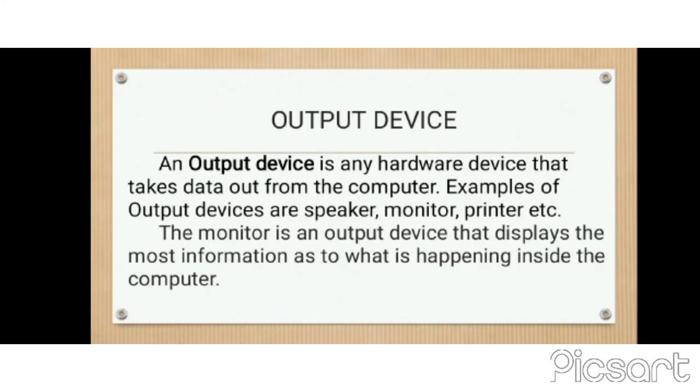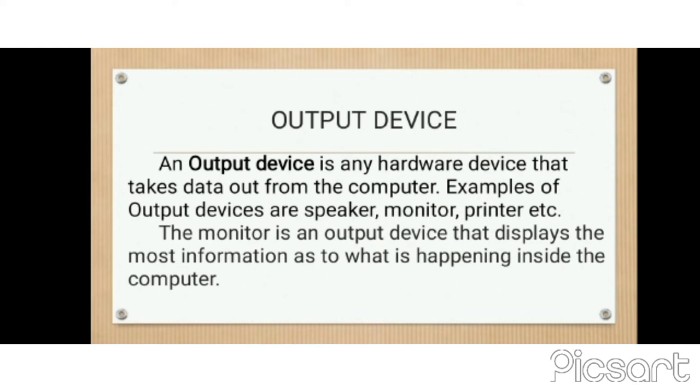An output device is any hardware device that takes data out from the computer. So a computer sends data through output devices. Examples of those output devices are speaker, monitor, and printer.